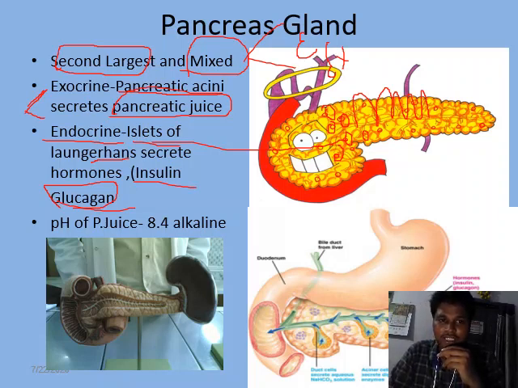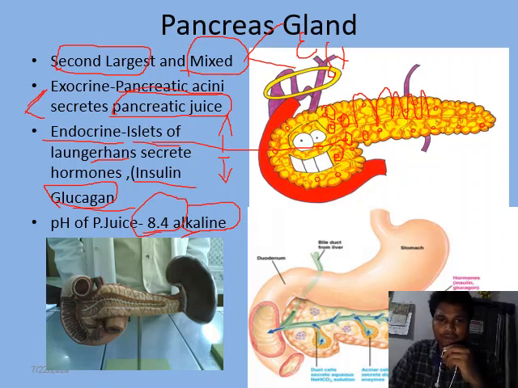Okay, the pH of the pancreatic juice is 8.4, which is highly alkaline in nature. Okay, so if the pH is below 7, it is called acid, and if the pH is above 7, it's called alkaline. You know about it.